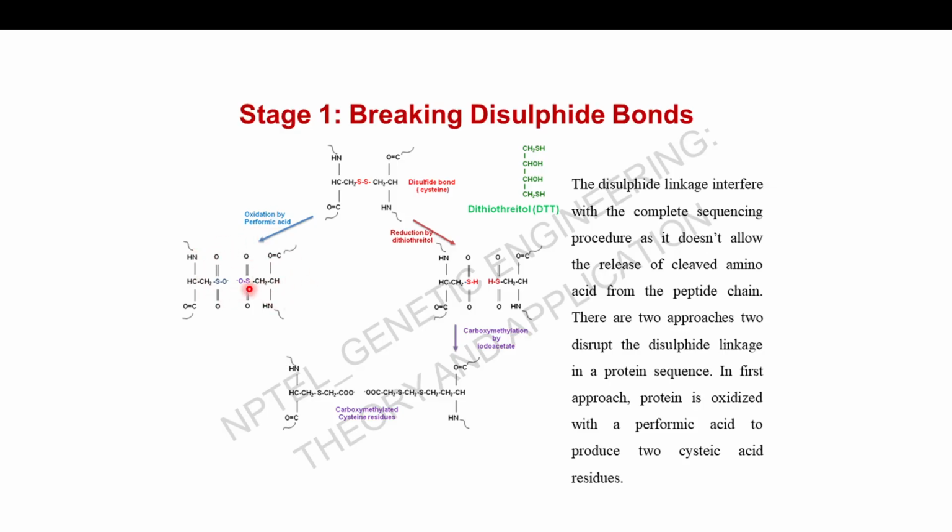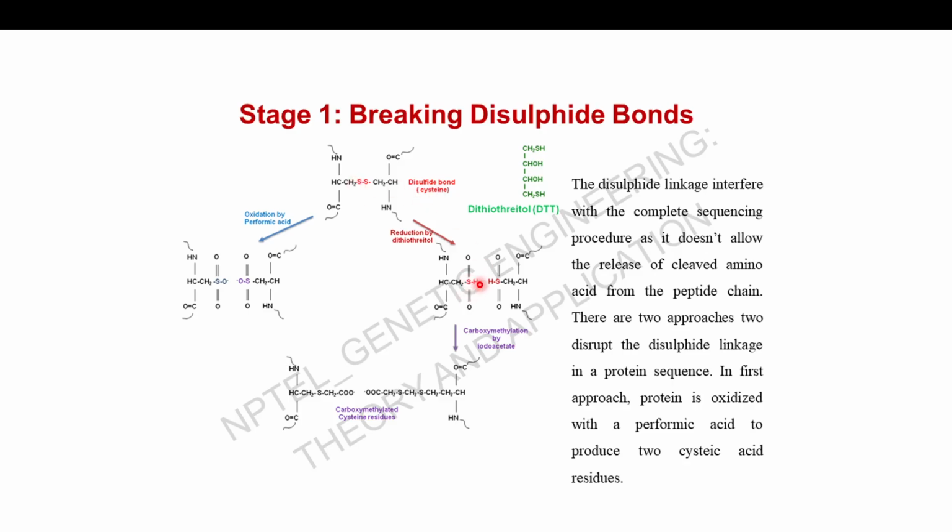Another is reduction by DTT, which forms sulfhydryl residues. The disulfide bond is broken and H is attached to each sulfur, and hence these two can't get back together to form disulfide bonds.